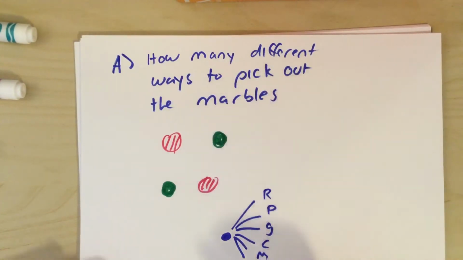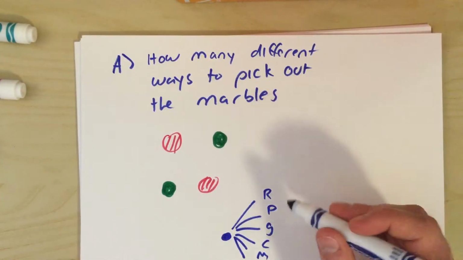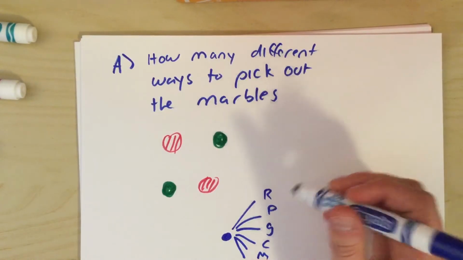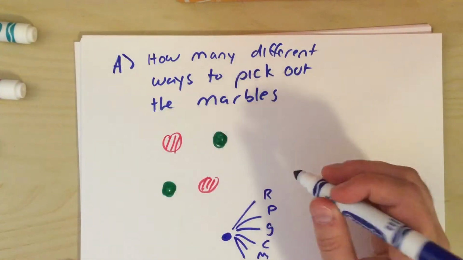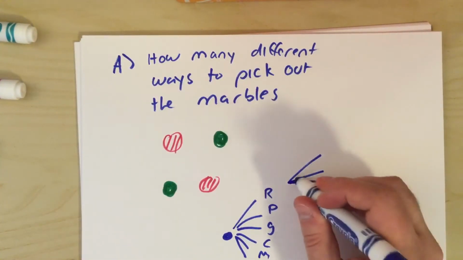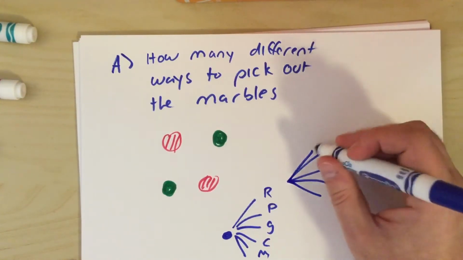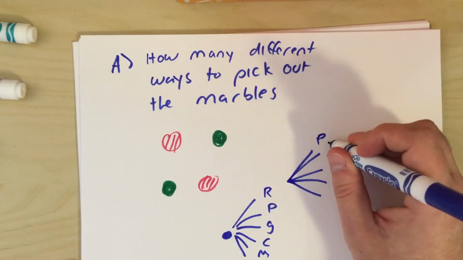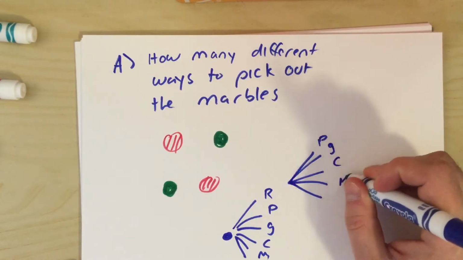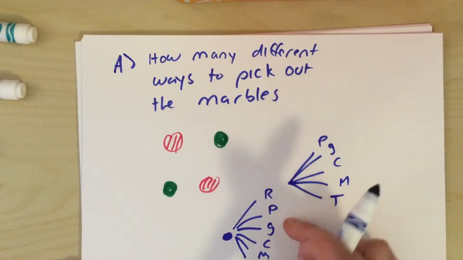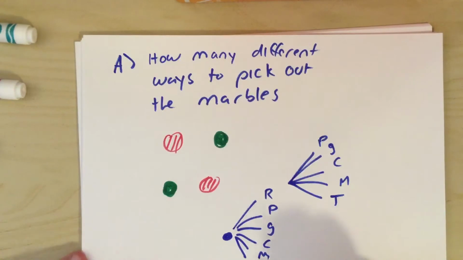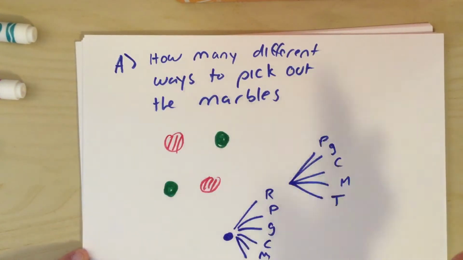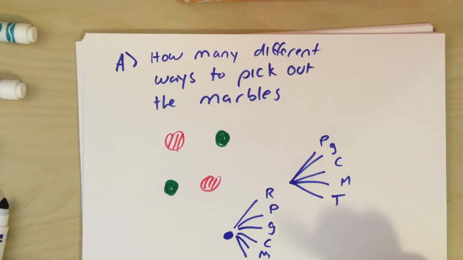Now if I pick out the red, for the second one, I can't pick out the red anymore. So there's going to be now only 5 options because the red one's gone. So now there would only be pink, green, cyan, magenta, and turquoise. And for each of these, there's only going to be 5 left because we've always taken one out. So there's 6 options for the first, and then for each of those 6, there's 5 options for the second, which means overall we're going to have 30 different ways to pick out the marbles.